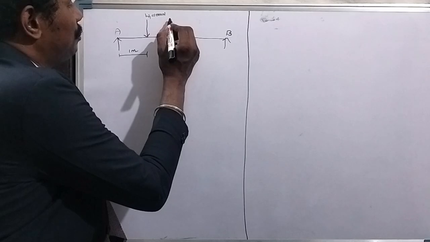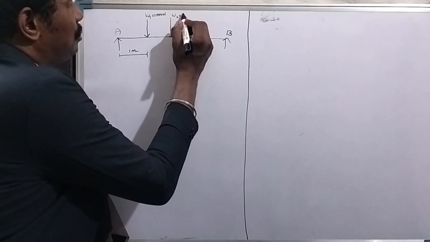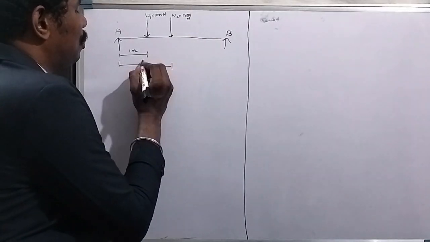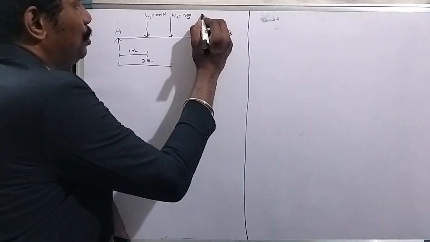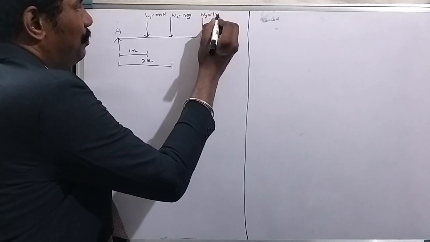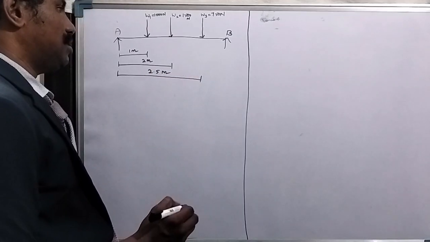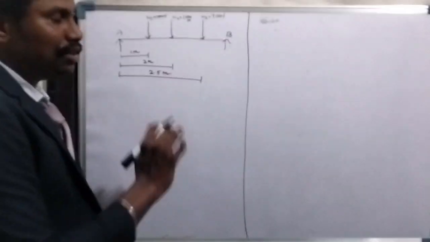The next load, 1500 Newton, is at a distance of 2 meter from the left support, and the third load W3, which is 750 Newton, is at a distance of 2.5 meter from the left support. These are the data we have, and based upon them we have drawn this diagram.